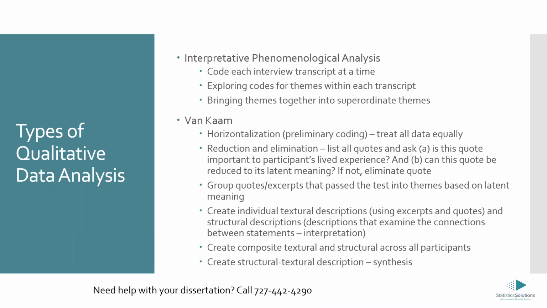So from there, for each participant, and this is where it gets very, very time consuming, you create a textual description, using quotes from the participant, and a structural description. So what they said and how they said it. And you do that for each participant.